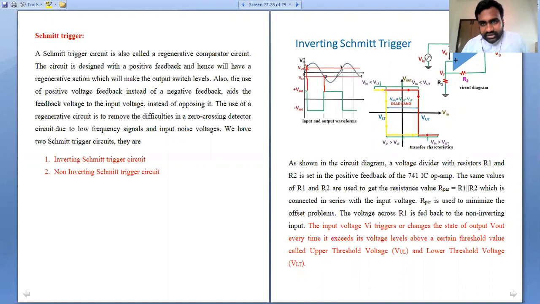After this instant, the input voltage is less than the lower threshold voltage, but the scenario hasn't changed. Continuously the output is high, that is plus VSAT. That means from instant 2 to instant 3, the behavior of the output voltage is plus VSAT, high.